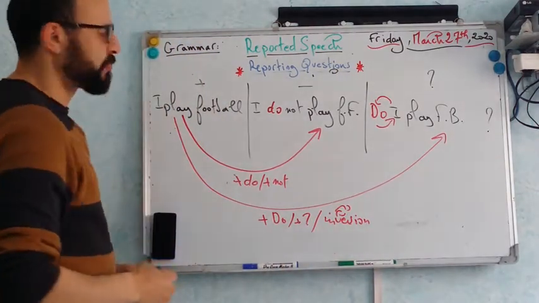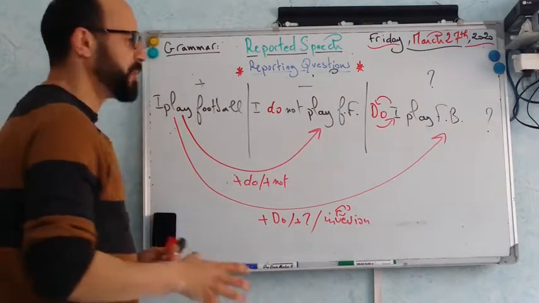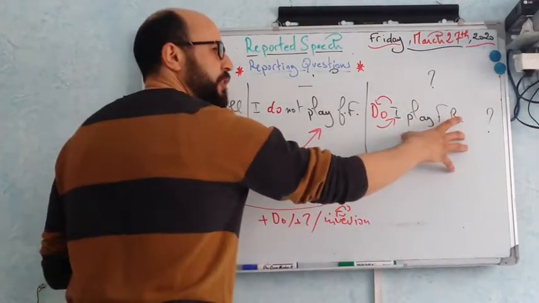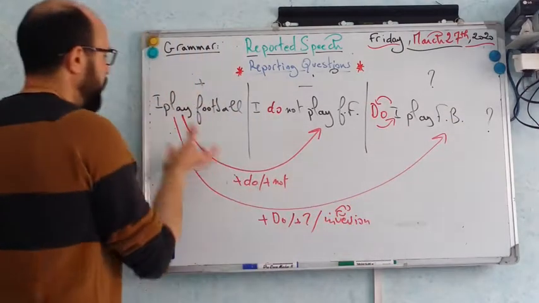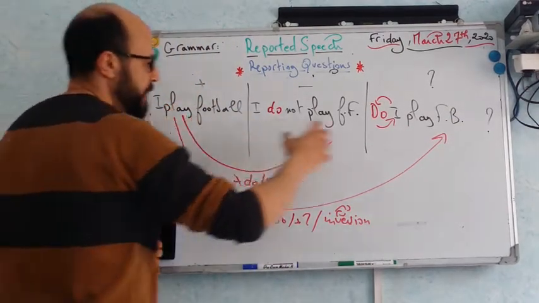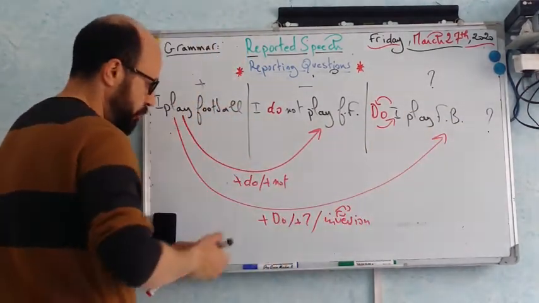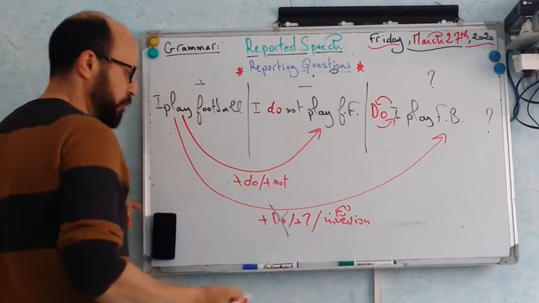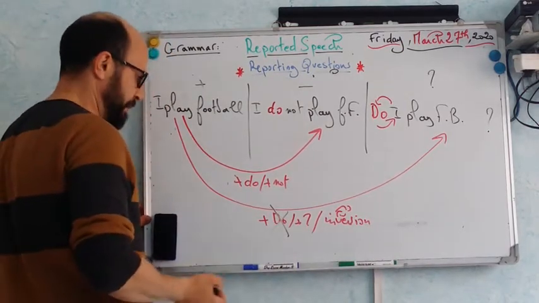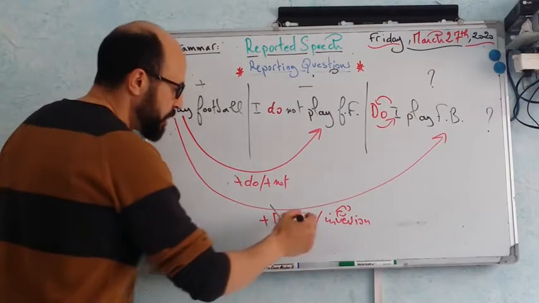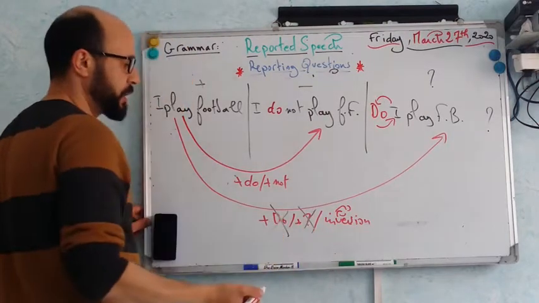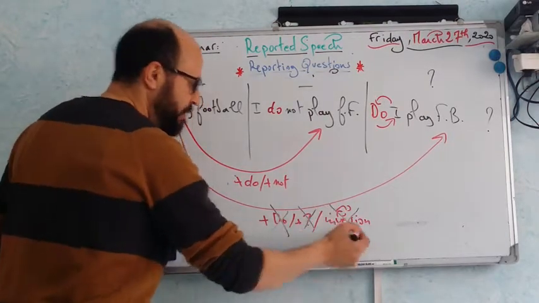So, in reported speech, normally we move from an interrogative sentence into a declarative sentence. This means that we need to omit the helping verb do if it exists in the question. We need to omit the question mark, and we need to omit the inversion.